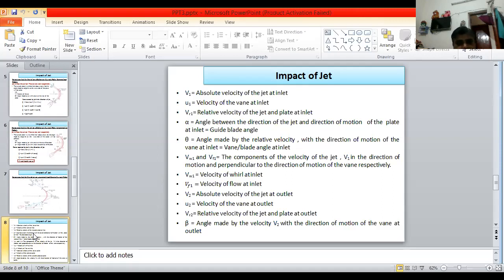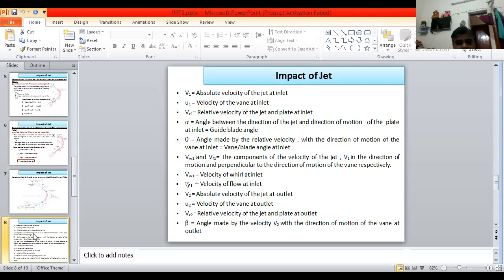Now Vw1 and Vf1 are the components of the velocity of the jet v1 in the direction of motion and perpendicular to the direction of motion of the vane respectively. Vw1 is also known as the velocity of whirl at inlet.